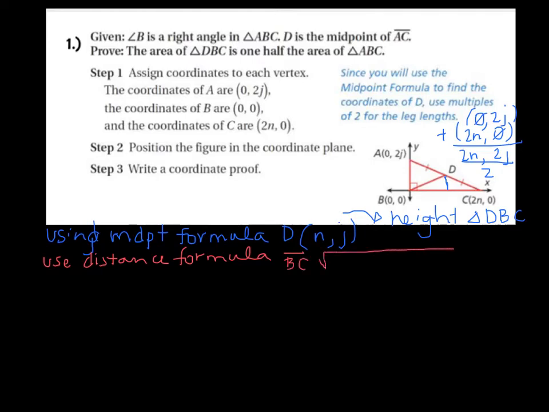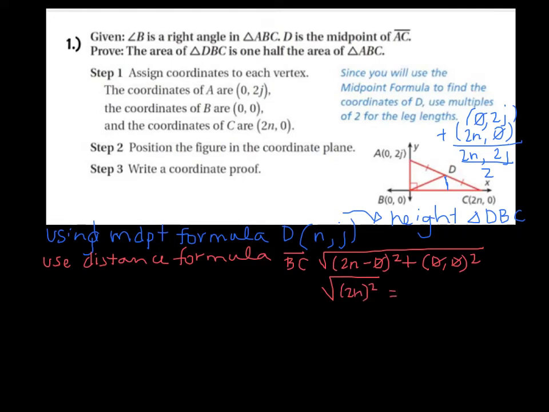And so when I do that, remember you're going to subtract your x coordinates. So you have 2n minus 0 squared, and you're going to add that to the difference of your y coordinates squared. So that would be 0, 0 squared. Well, 2n minus 0 is 2n, so we're finding the square root of 2n squared.